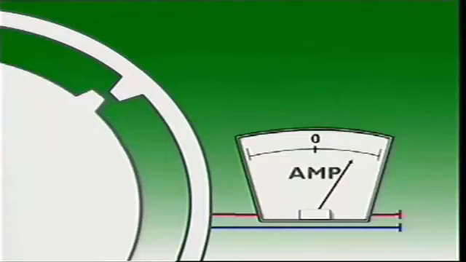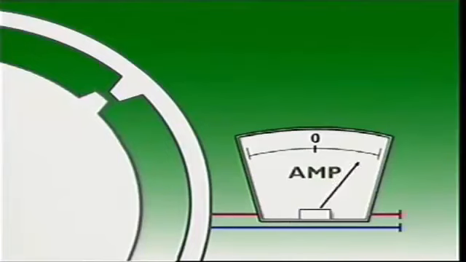The polarity of the voltage is said to be positive as it produces a current flow in a certain direction. When the teeth are in alignment, the magnetic field is at its strongest, but at that point it is not changing. Voltage and current now fall to zero.